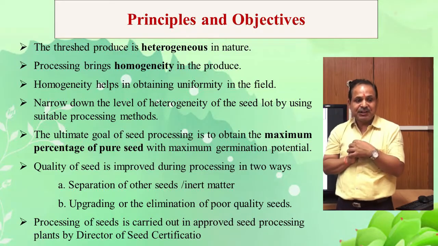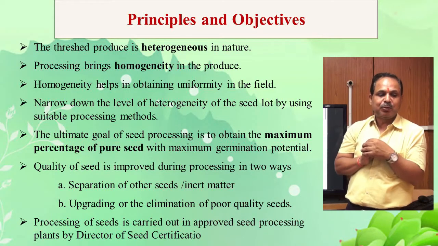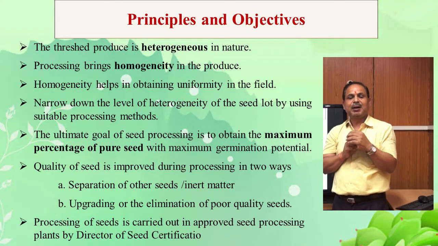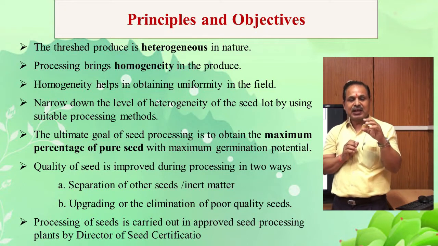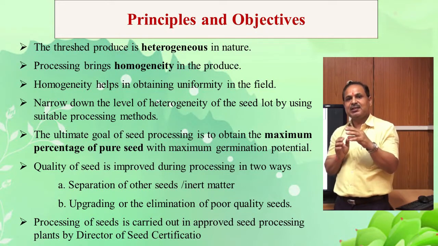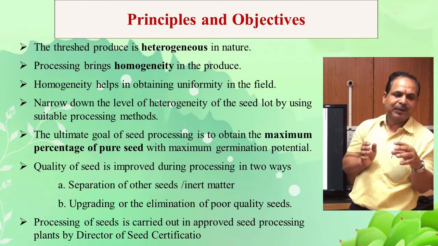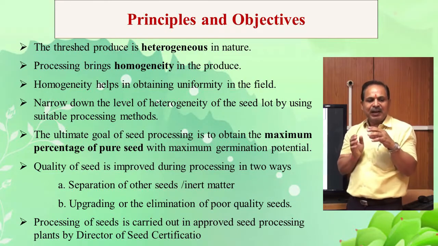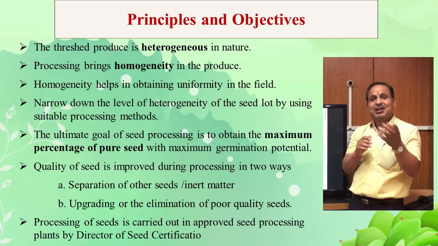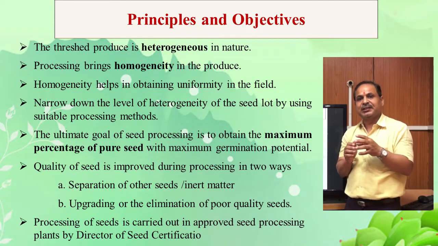The quality of seeds is improved during processing in two ways. First, the separation of other seeds or inert matter, and second, the upgradation or elimination of the poor quality seeds.